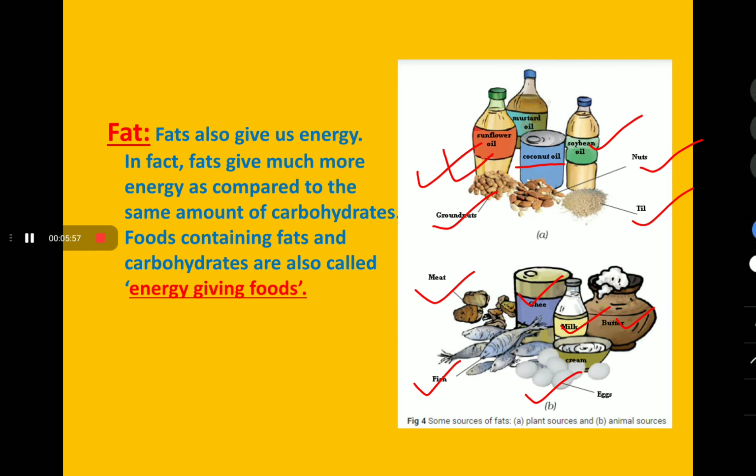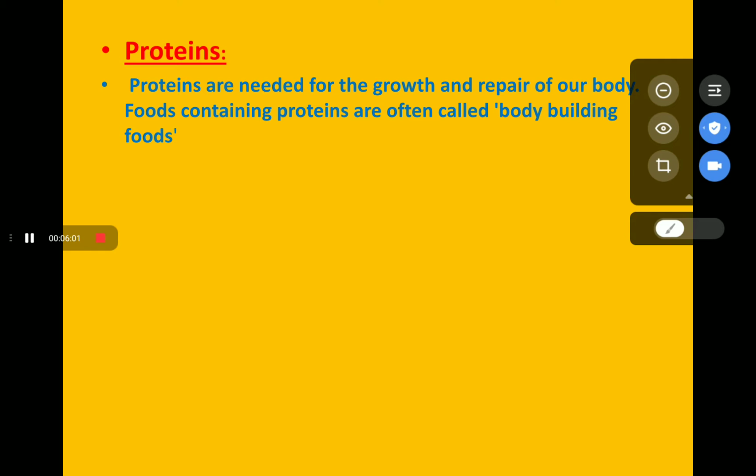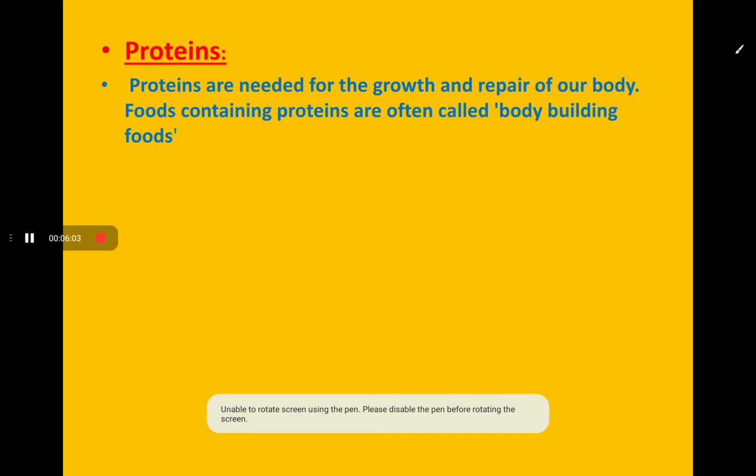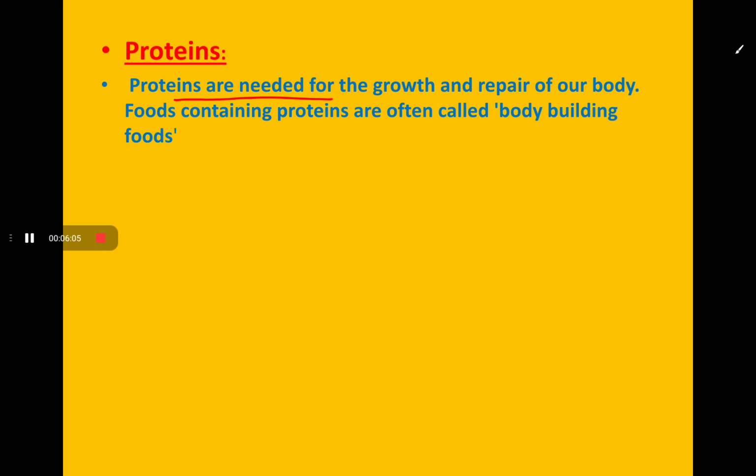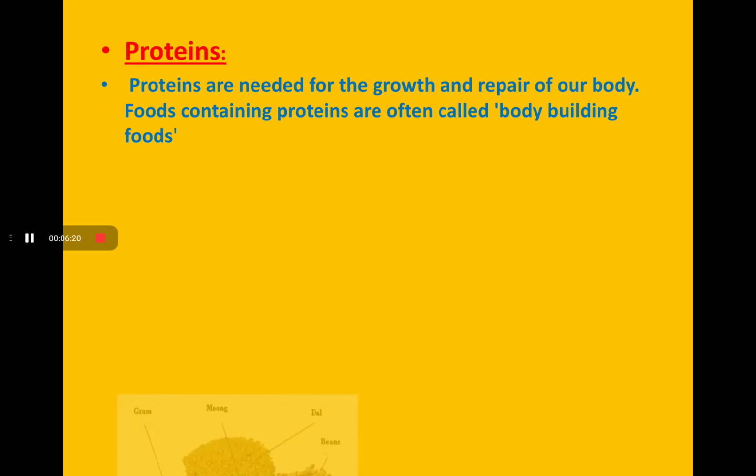Now, in the next slide, the topic is protein. Proteins are needed for the growth and repair of our body. As protein is needed for growth, that's why it is called body building food.